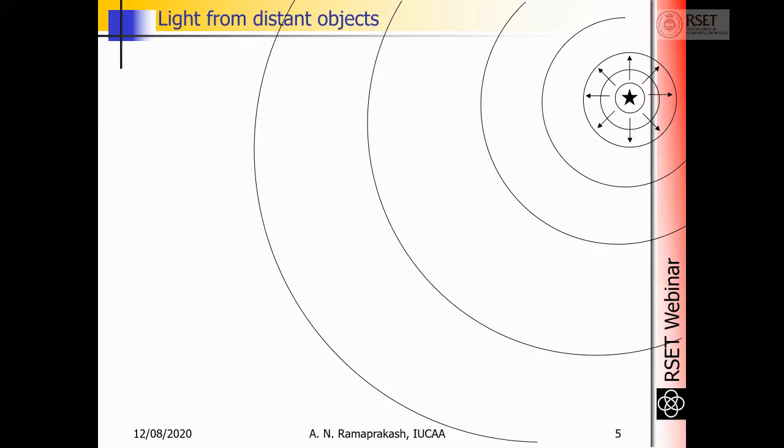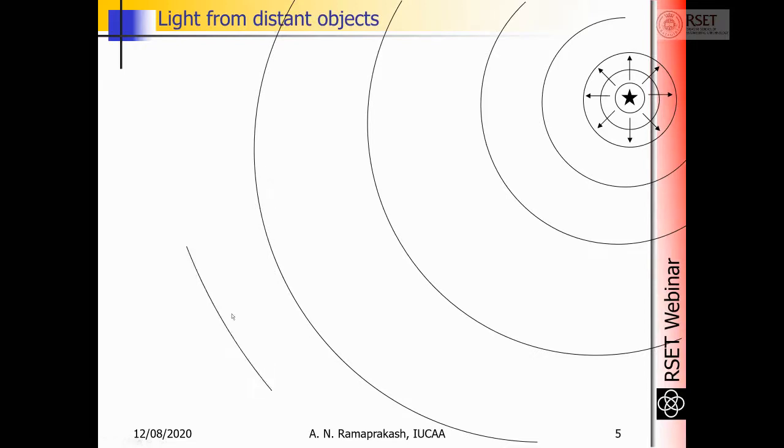Now, if you think of that light which is traveling parsecs and kiloparsecs and megaparsecs and even gigaparsecs of distances, the diameter or the radius of the sphere is practically infinite.